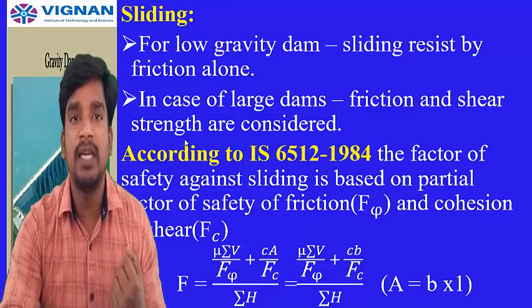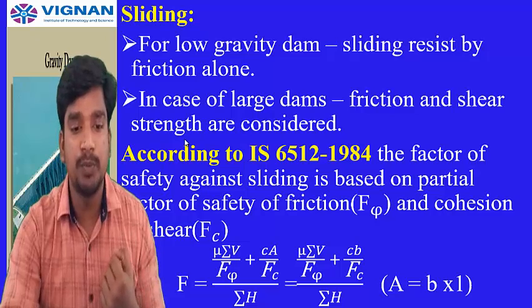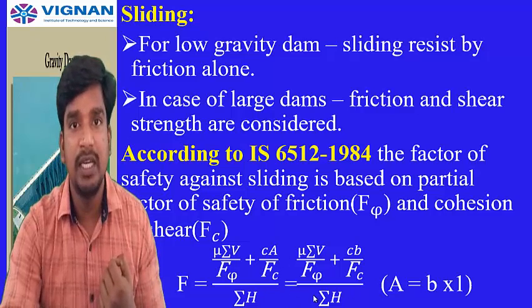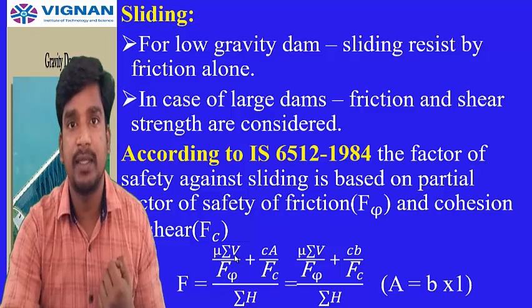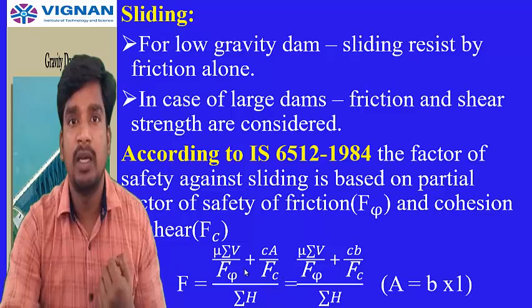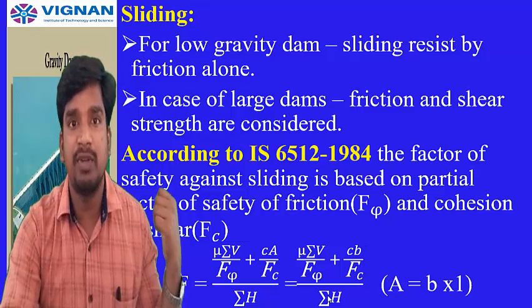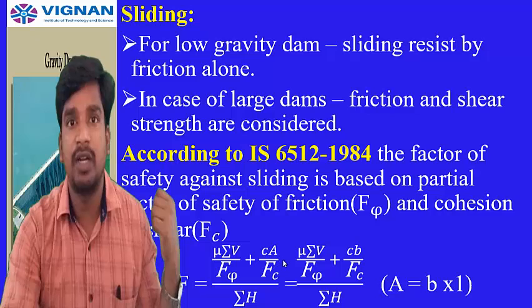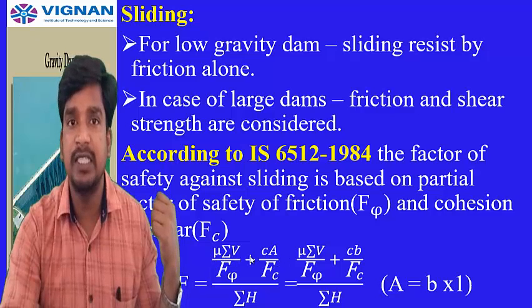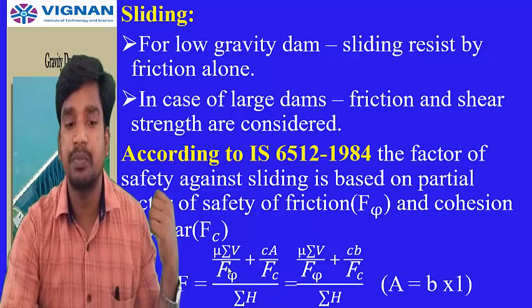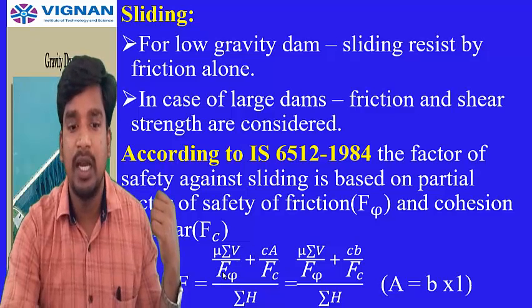So the revised formula is given here, that is F is equal to mu into summation of vertical forces divided by F5 plus CA divided by FC, which equals mu into summation of vertical forces divided by F5 plus CB divided by FC, divided by summation of horizontal forces. Here mu is the static friction already discussed, summation of V is the summation of vertical forces, and F5 is the frictional factor of safety.